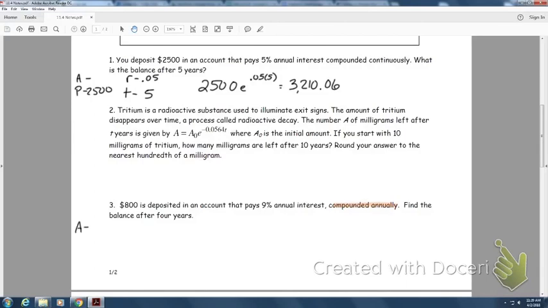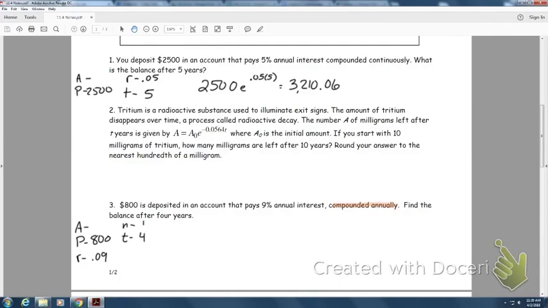So I need to identify all of these variables. And Marshall, how much was put into the account originally? Bree, what is the rate as a decimal? 0.09. Chance, what is my end value if it's compounded annually? 1.